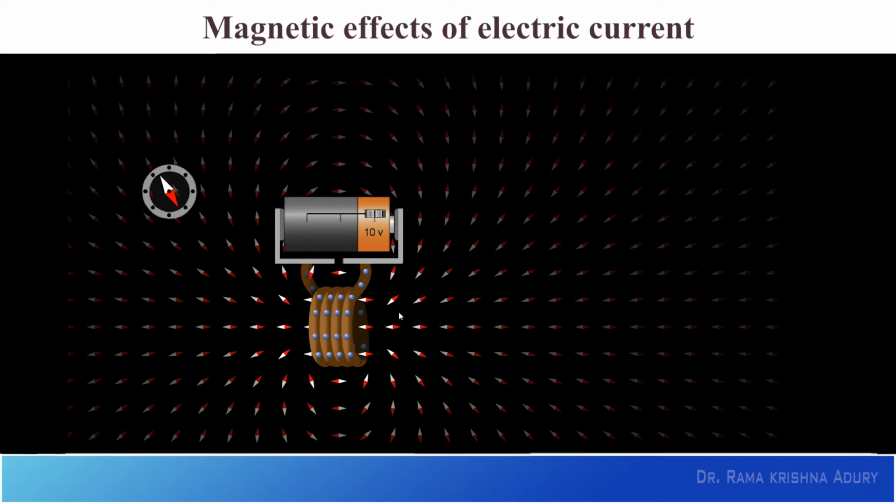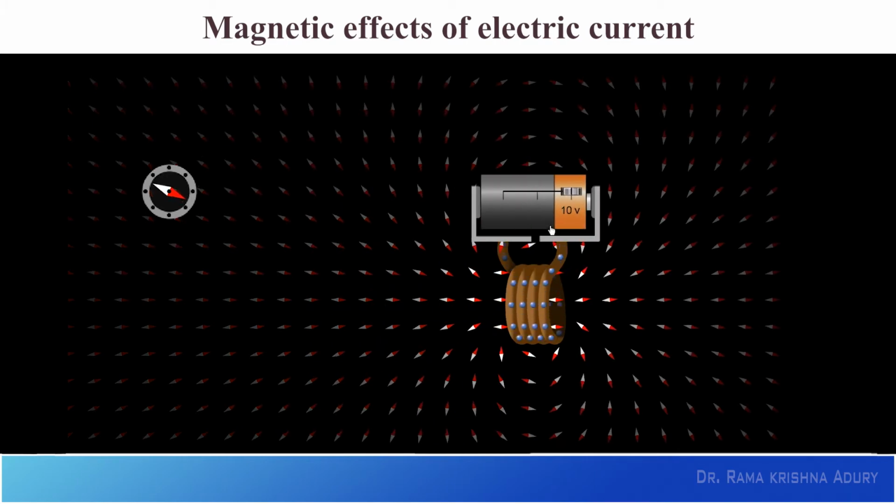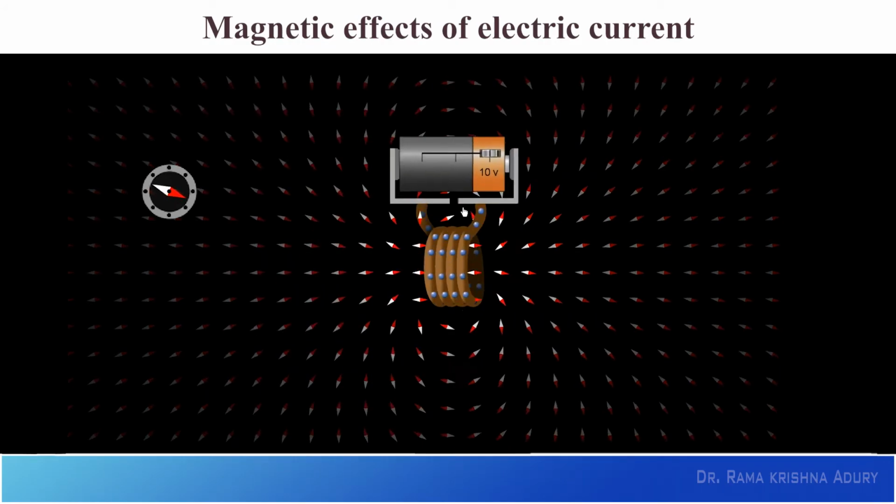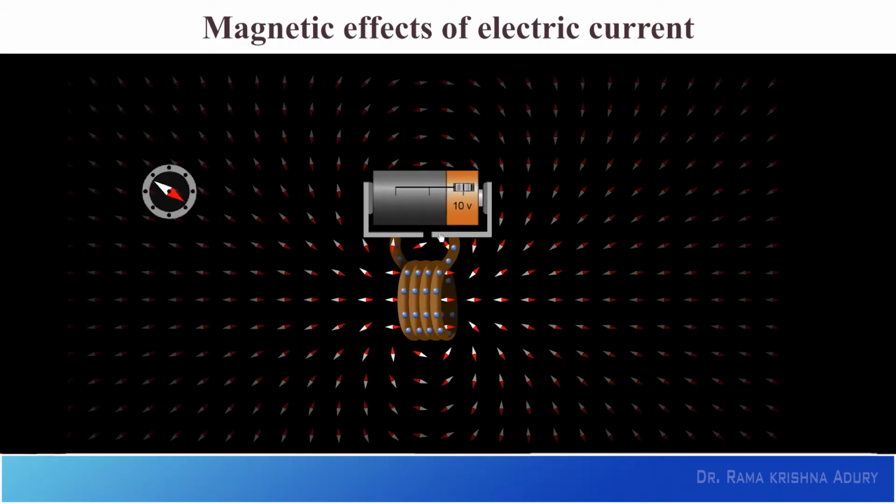In either case, there is a magnetic field developed around it. So you are not seeing anything happening here substantially. But here I just want to tell you something more interesting. See, this is a DC current, therefore you don't find any kind of change in the magnetic field when current is passing.